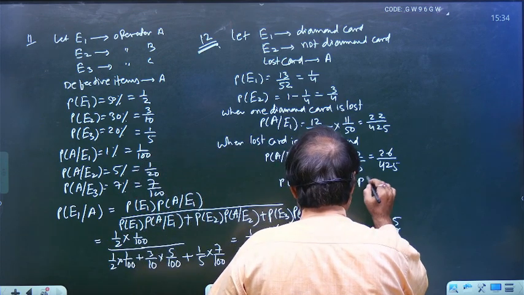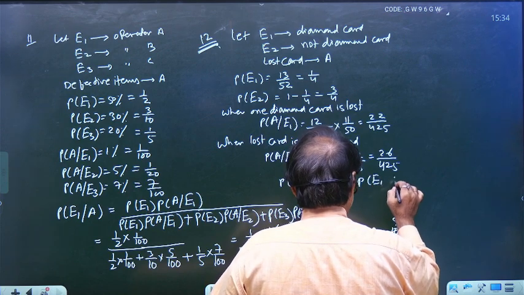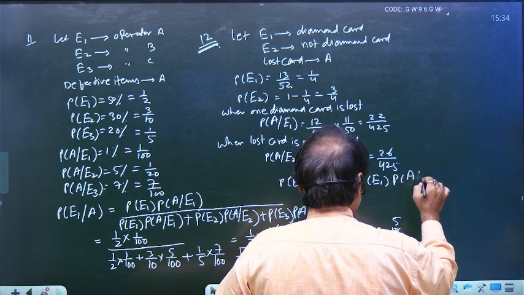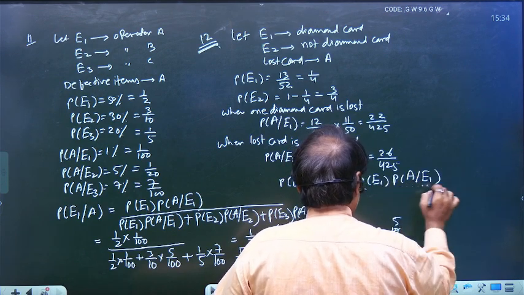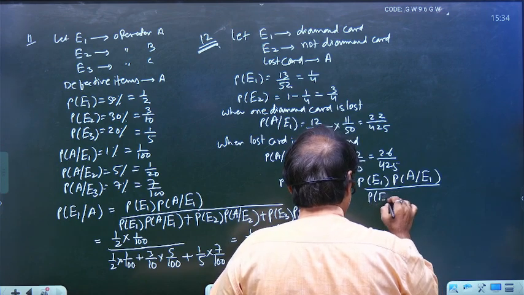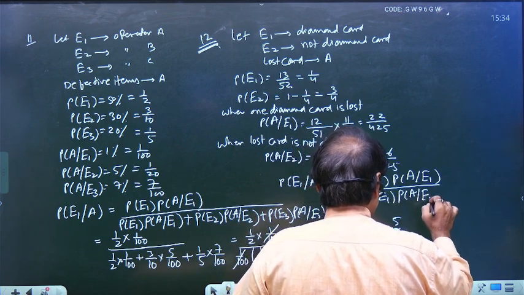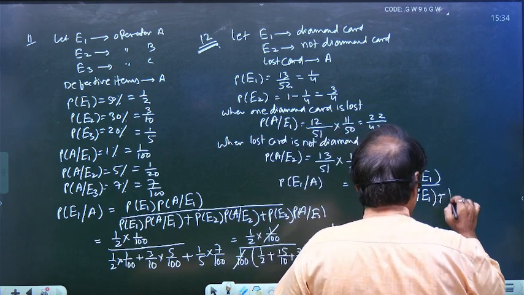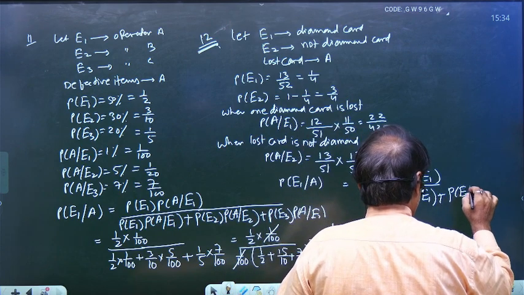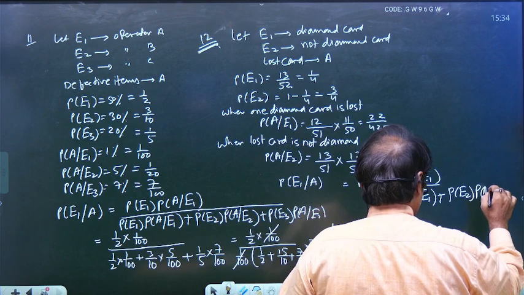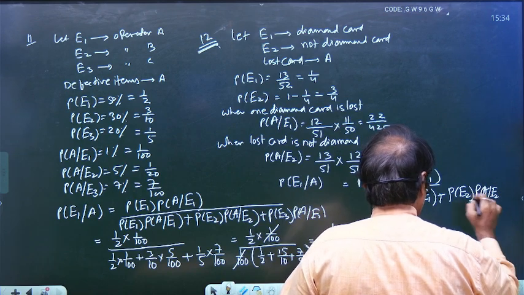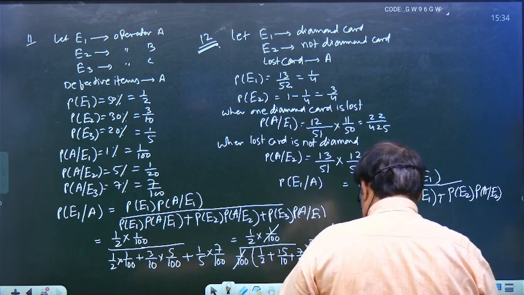So probability of E1 into probability of A by E1 upon probability of E1 into probability of A by E1 plus probability of E2 into probability of A by E2, and now put all the values.